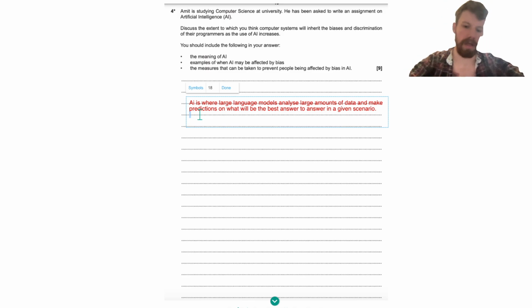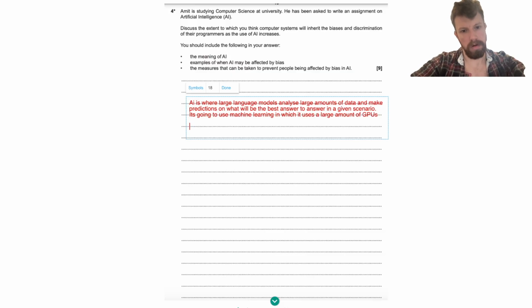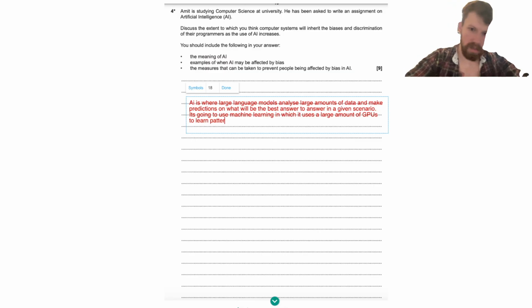So yeah, anyway, it's going to use machine learning, in which it uses a large amount of GPUs to learn patterns in solving a variety of different problems.